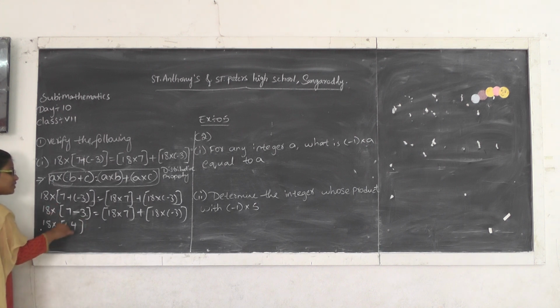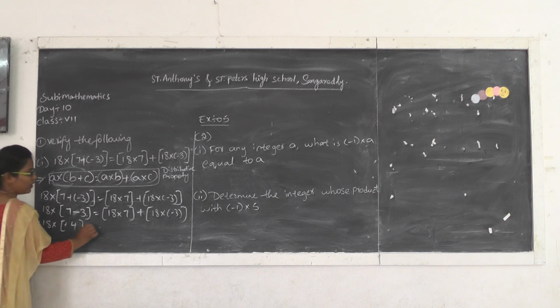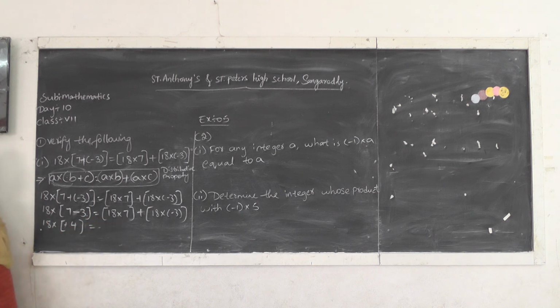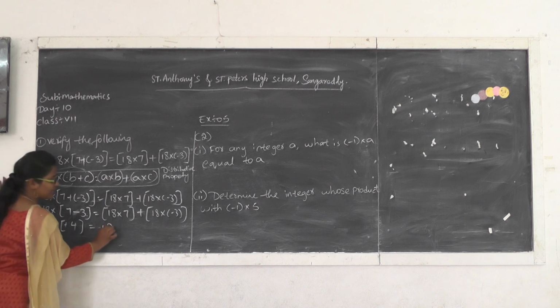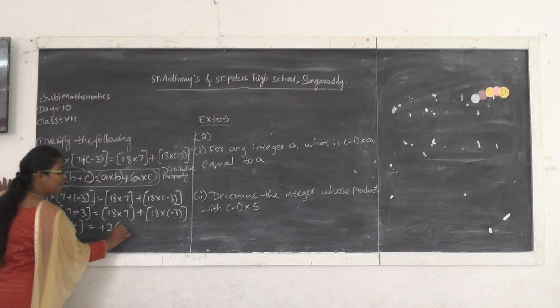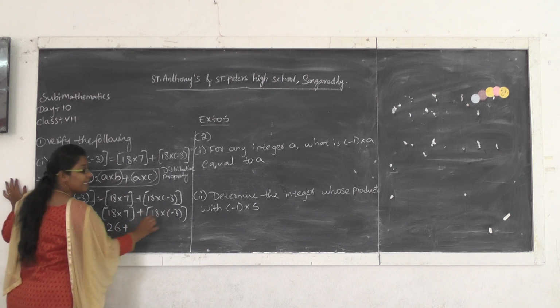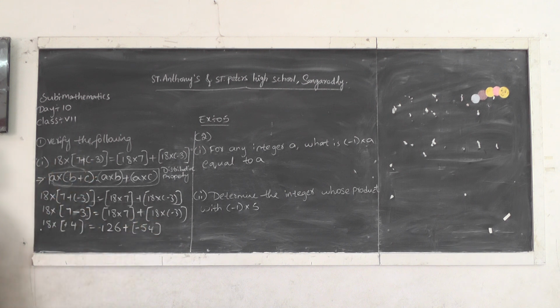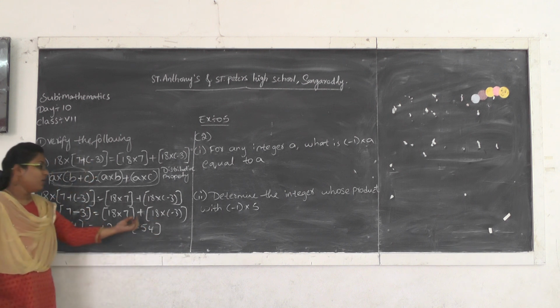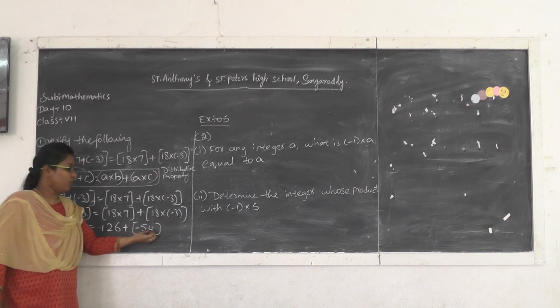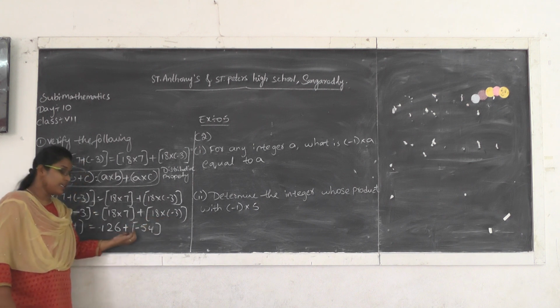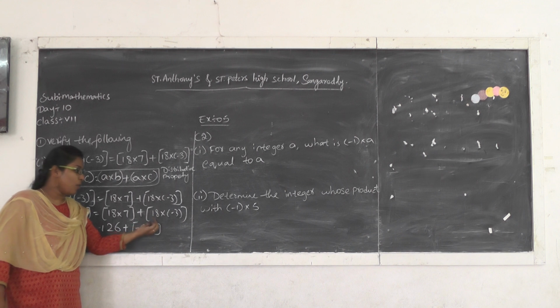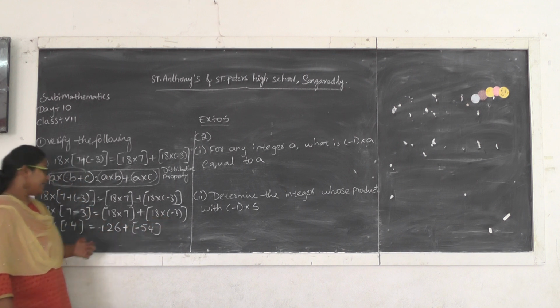So 4 is also positive, equal to 18 sevens are 126 plus 18 threes are 54. One positive, one negative, so the result is negative. When we multiply one positive integer with one negative integer, the result is a negative integer.